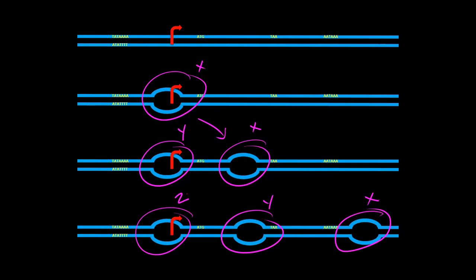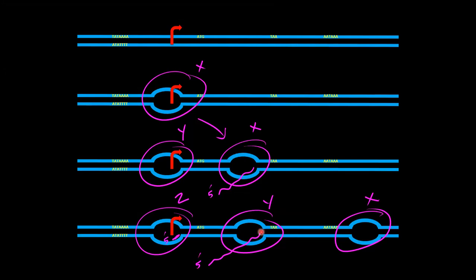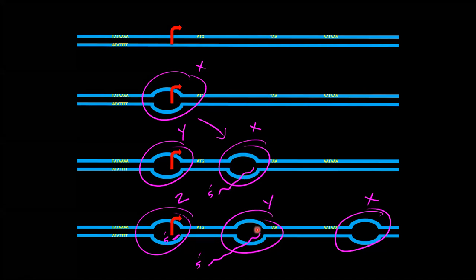So as you can see, more than one polymerase can start transcribing the same gene at the same time. In this figure, this one just started building the RNA transcript. This one already has a longer RNA transcript because it moved further downstream the gene.